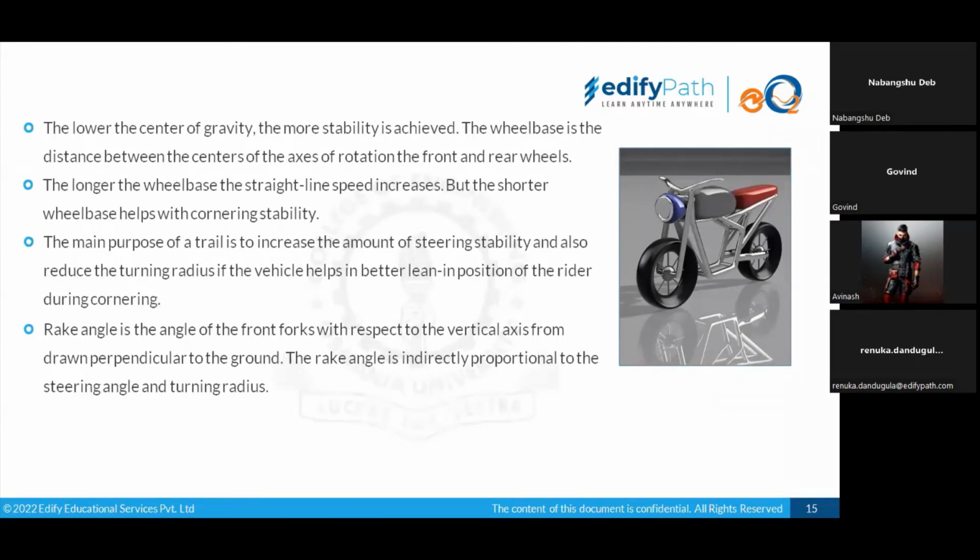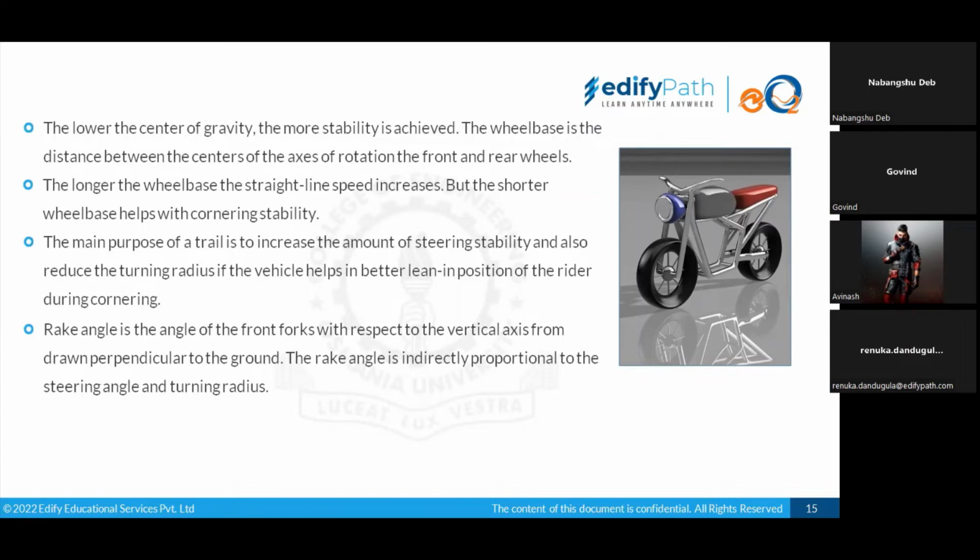Because if you remove it, you would see that the two front shockers are attached in such a way that there are two shockers, then you have a cone, and then a spindle attached to them. It is in the shape of a fork, so we call it a fork.